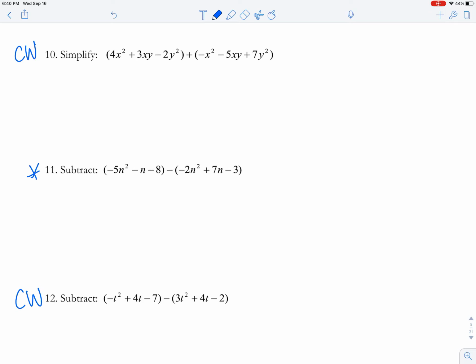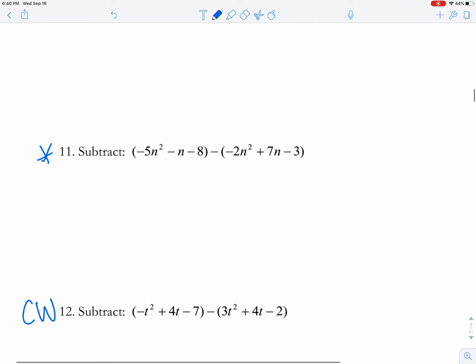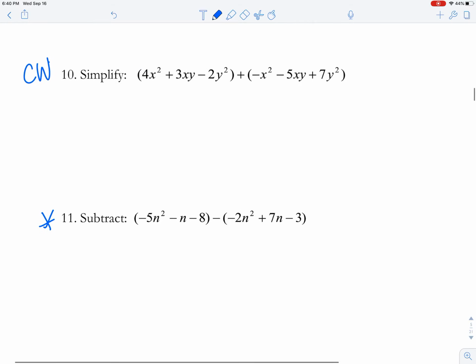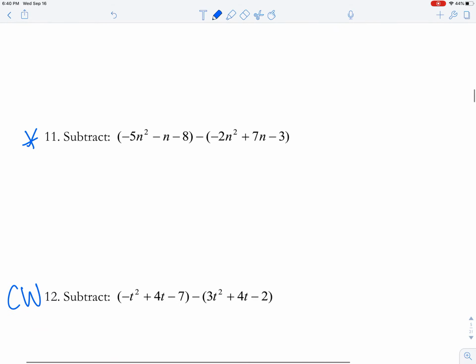But for this one, I want to practice it because we're subtracting. That first one was adding, so those brackets are sort of gratuitous or extra brackets. But here, the fact that I want to subtract this second bracket from the first one means I've got to be careful.